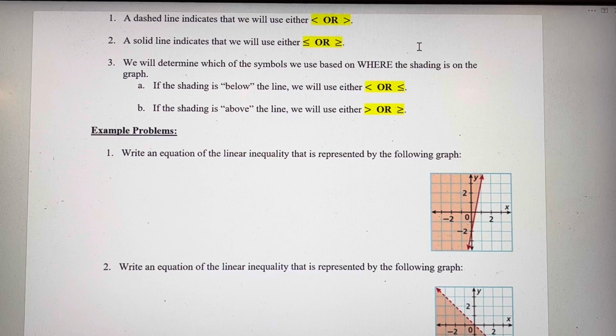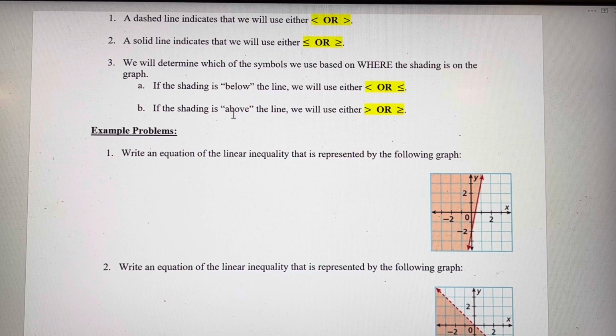Second thing we thought about when we were graphing these things was where do we shade? Well, here we have a graph, so we already have the shading, and that shading is going to lead us to a specific kind of inequality symbol, okay? If you look at a line and we consider the shading to be below that line, that's where we're going to use either less than or equal to, and I'll go through an example of that in the following problems.